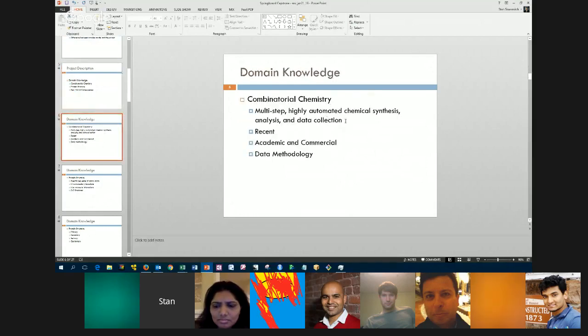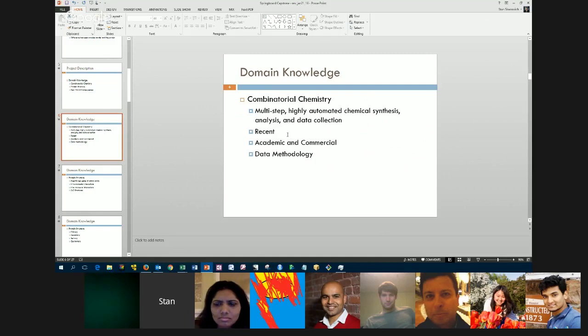So, combinatorial chemistry. It's a multi-step, very highly automated chemical synthesis, analysis, and data collection. It makes very heavy use of robotics and automated data collection, and it's a relatively recent development. In fact, it's only been made possible in about the last 20 years or so.